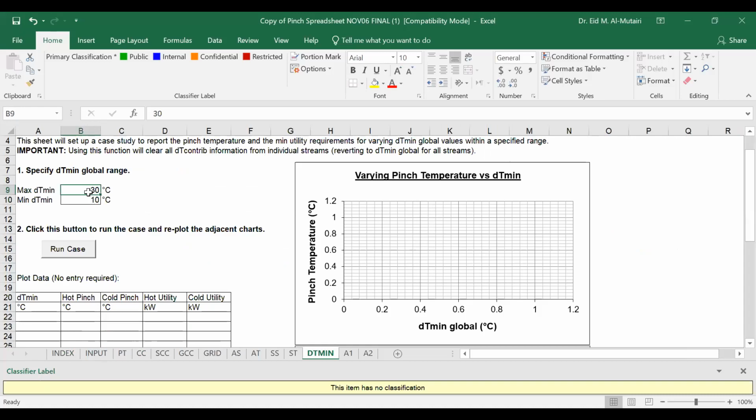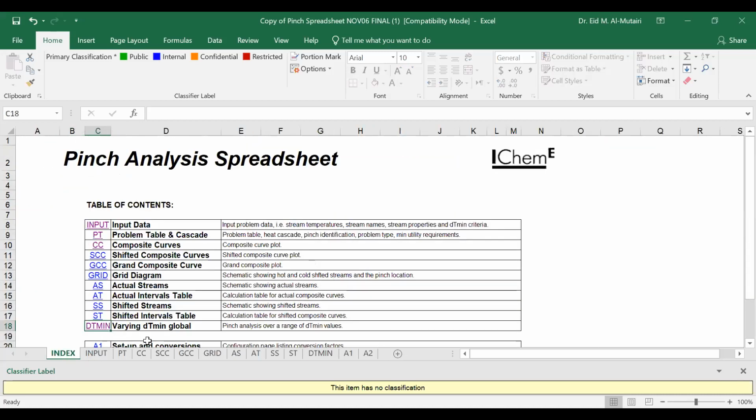So here, if we change delta T min from 10 to 30, we can see how this will change in the separate sheet. Okay. So back to the slides.